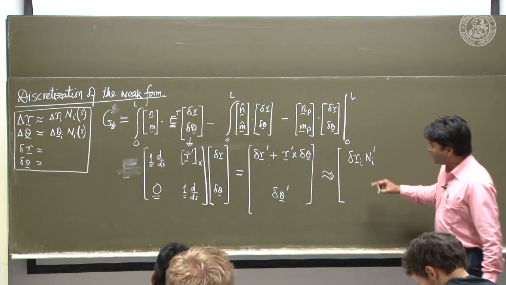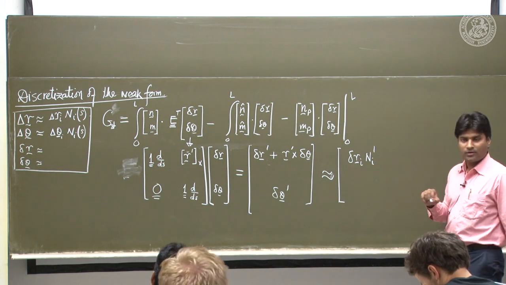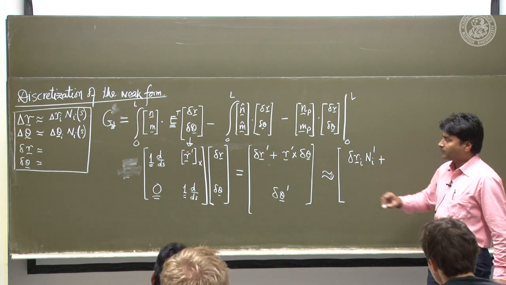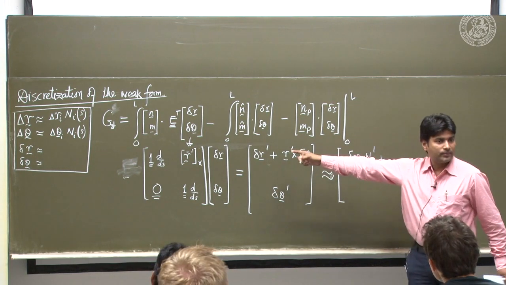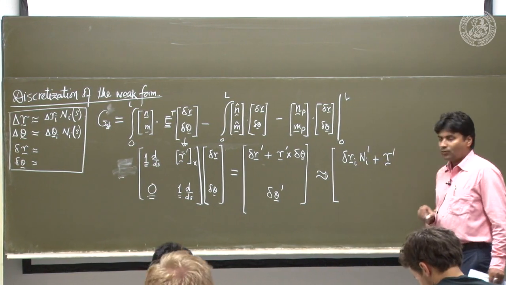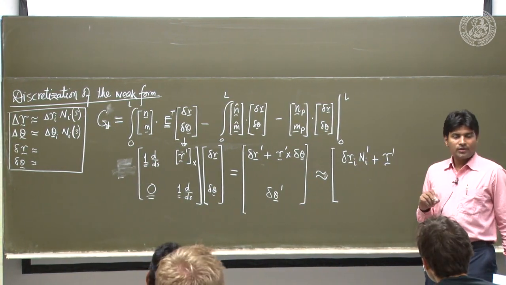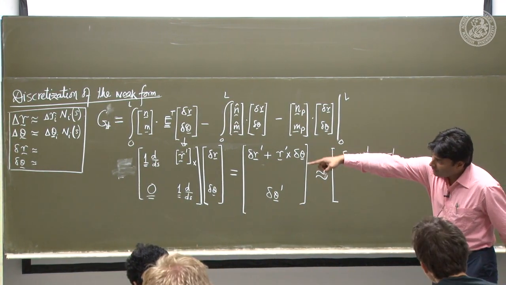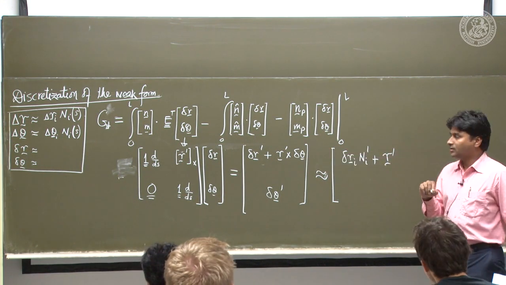Little r prime remains as it is, because we have discretized just the increments and the variations.